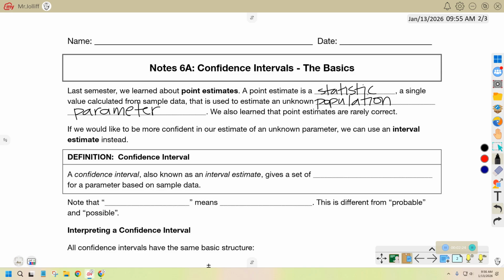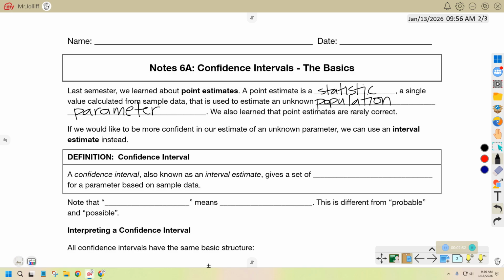We also learned last semester that those single value estimates are very rarely spot on. It's very rare when you throw a dart that we're going to hit the dead center of the dartboard. So what we want to do as statisticians is use an interval estimate instead. That is the most common form of estimate. The reason we did point estimates first is those point estimates are going to become the center of our interval.